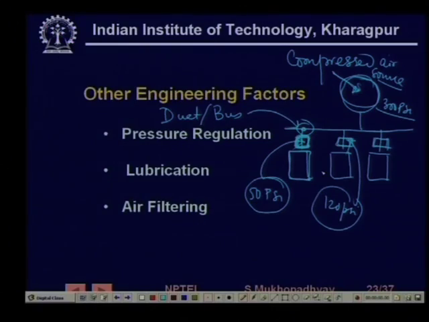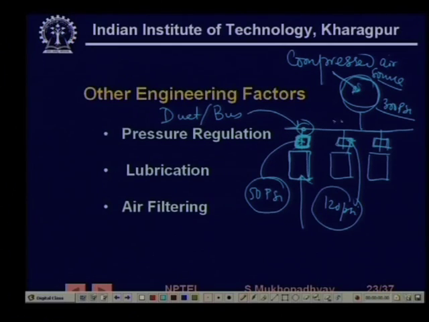Second thing is that, as we have seen just now with the hysteresis control of the reservoir, this pressure source is going to fluctuate, but for precision operation, it is not good that the pressure supply of this equipment fluctuates. So, if we put a pressure regulator here, it is firstly going to convert a high pressure level to a low pressure level, and secondly, suppose this is a 300 psi bus, even if the pressure here varies by plus minus, let us say, even 50 psi, the pressure here is going to be regulated by the pressure regulator to very close to 60 psi.